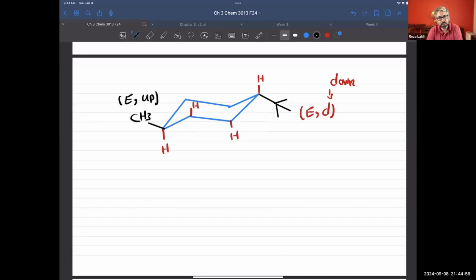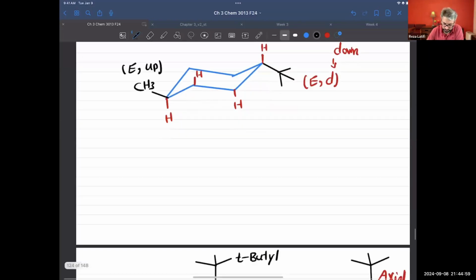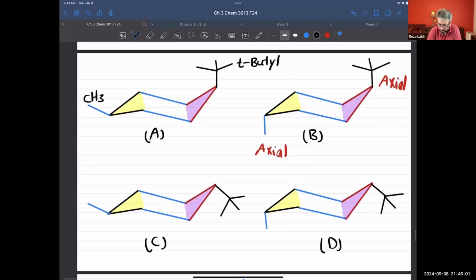So what's between these? Well, there are 4 options. I'm going to say the correct one will be the one that has both of them in equatorial position. So I just showed you the answer for it. I'm going to pause here and let you choose the best answer for 1-tert-butyl-4-methylcyclohexane.